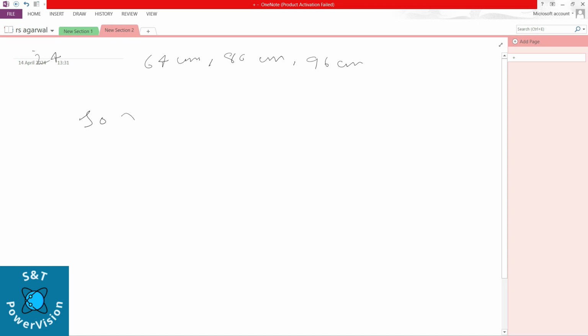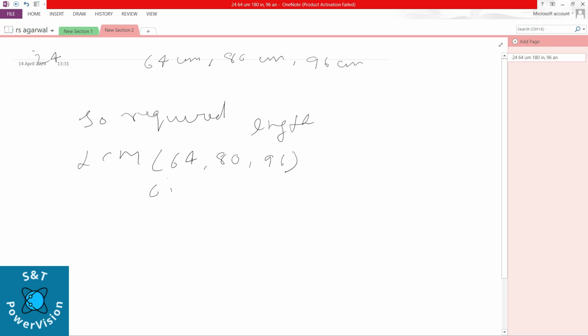So the required length is equal to the LCM of 64, 80 and 96. So we go for it. The prime factorization of 64 will be 2 to the power 6.